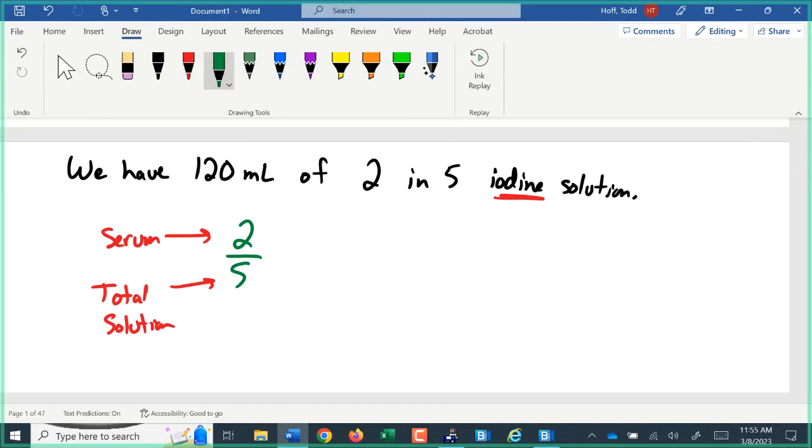If I want to know how much iodine is in the solution, I can just use this ratio. 120 milliliters of the 2 in 5 dilution indicates that 120 milliliters is the total solution, so I put 120 milliliters on the bottom. If I cross multiply and divide, 2 times 120 divided by 5 gives me 48. The units have to be the same, milliliters, of iodine.